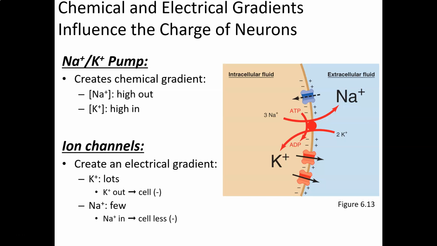Potassium has a higher concentration inside the cell than outside the cell. As a matter of fact, when you think about cells, the ion that is the only one that's opposite of the other ones is potassium. Potassium is the most abundant intracellular cation. It has a high concentration inside the cell, and it's the only one that does that. The other ions that we're going to worry about all have higher concentrations outside the cell in the extracellular fluid. Okay.